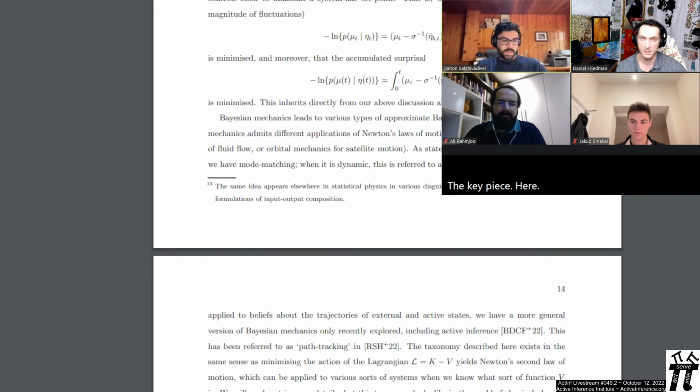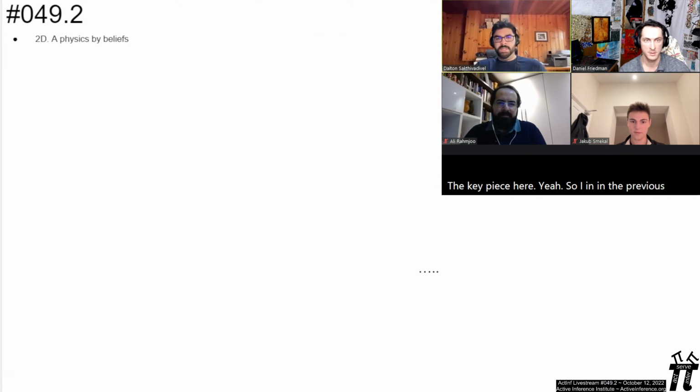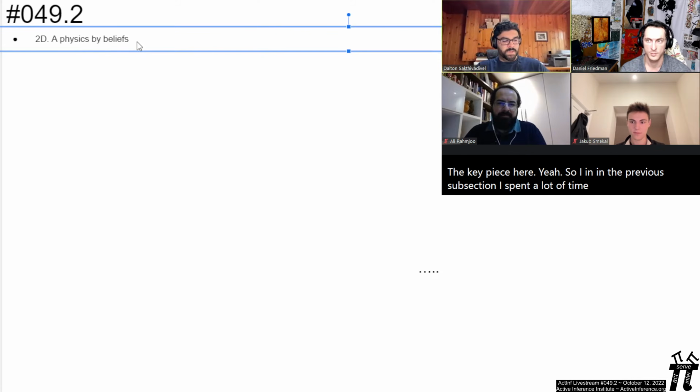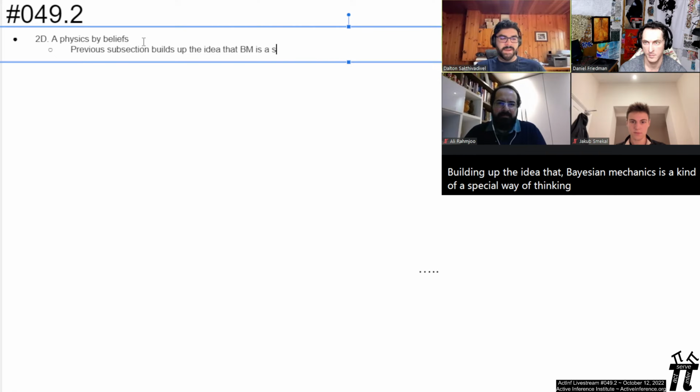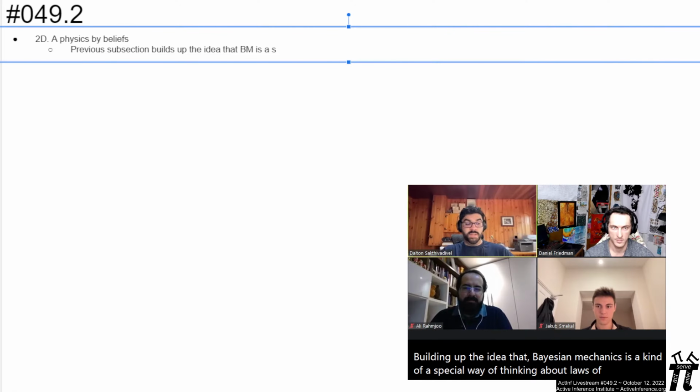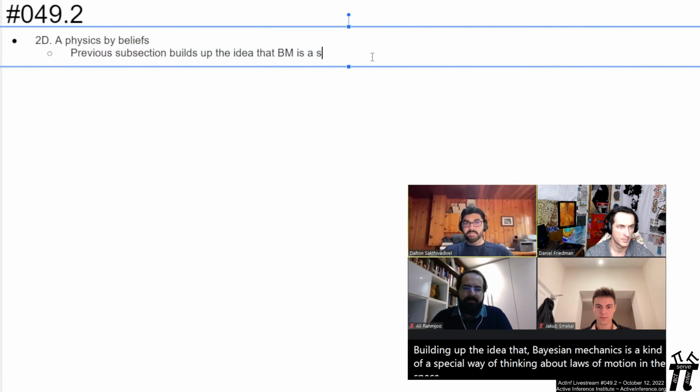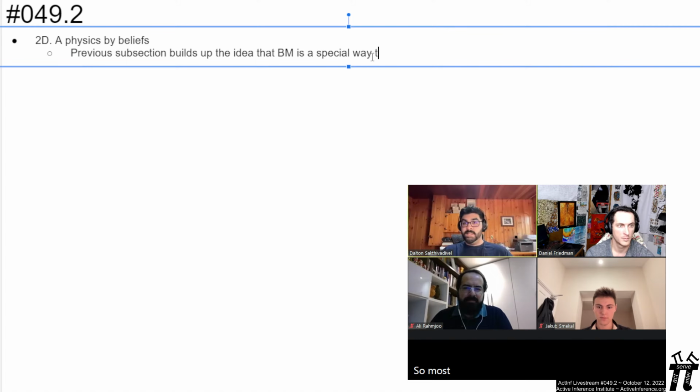Yeah, so in the previous subsection, I spent a lot of time building up the idea that Bayesian mechanics is a special way of thinking about laws of motion in the space of beliefs. So motion on a statistical manifold, which is one really interesting thing about it.